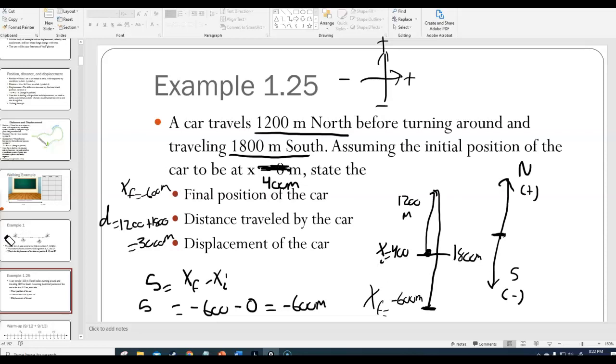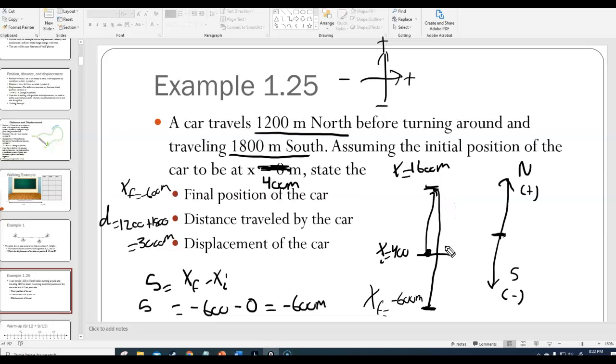And again, I'm just doing this to show you how things change or don't change, okay, if we change the coordinate system. All right, well, if I start at 400 meters and I go forward 1,200 meters, then that gets me to x equals 1,600 meters out here. Then I turn around and I go back 1,800 meters.